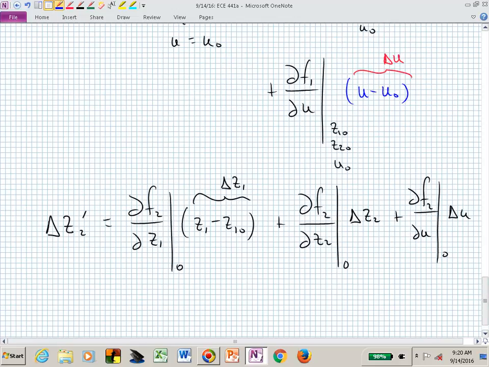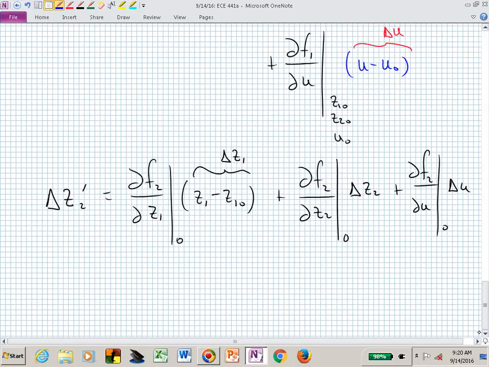Yes, so the question was about this notation: all of these partials of f sub 2 are evaluated at the nominal operating conditions. My shorthand, because I got tired of writing, is that this 0 actually means z sub 1 0, z sub 2 0, and u sub 0. That's what I meant by the slash 0.